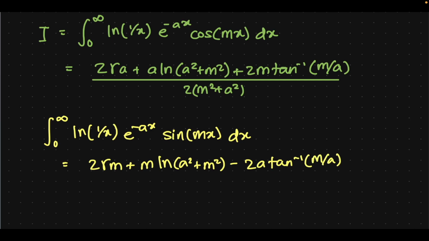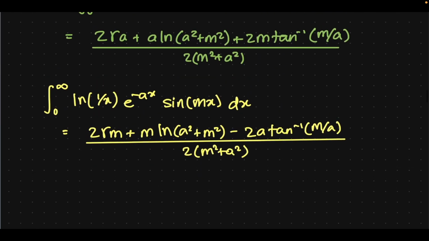I just took the imaginary part from the expression that we obtained, and there we go. So you see there's a kind of symmetry between these things, except for this inverse tangent, which is positive and negative here. That kind of throws it off.